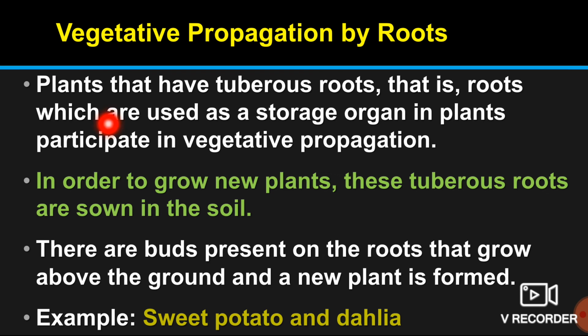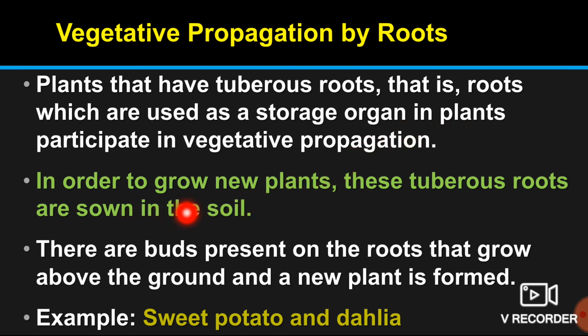Plants that have tuberous roots, that is, roots which are used as a storage organ in plants, participate in vegetative propagation. So root tubers and shoot tubers, these two things are utilized as the seed, you can say, for vegetative propagation.